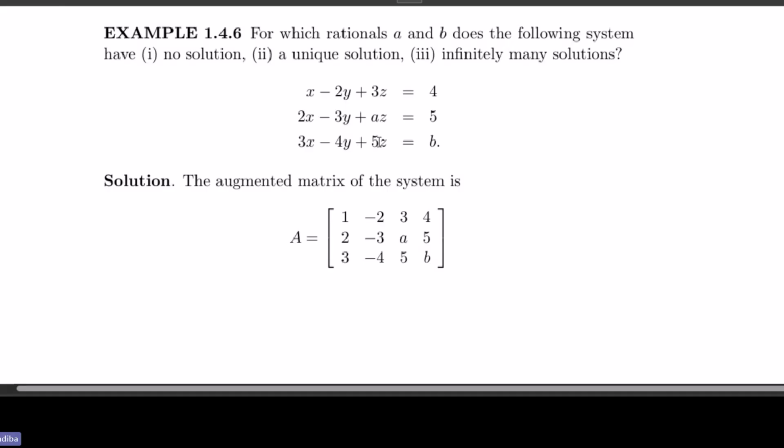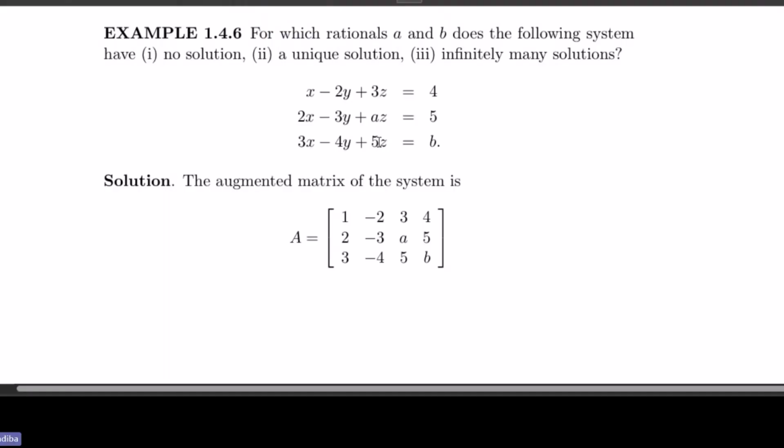It's overlapping on a number of pages from my side. Remember for Roman figure number 1, the question is saying, for which rationals A and B does the following system have no solution?